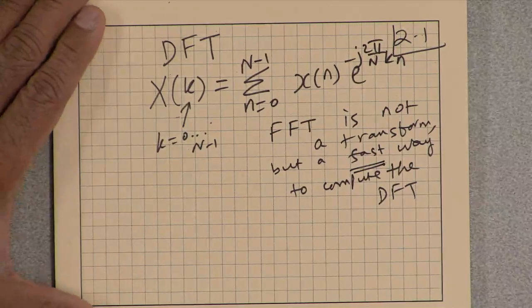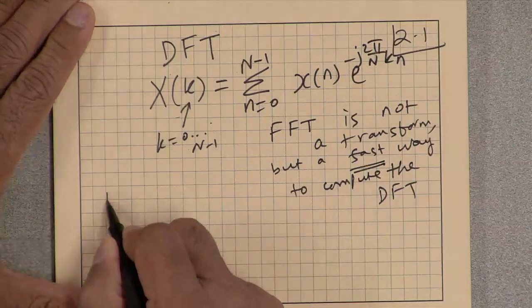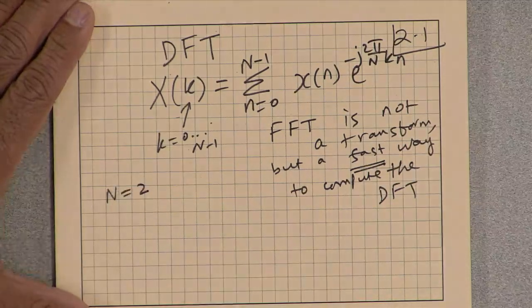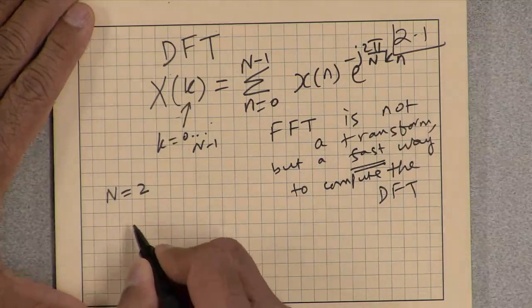Okay, so before we get started, let's take some very simple examples. Let's say that we want to compute the DFT of a 2-point sequence.